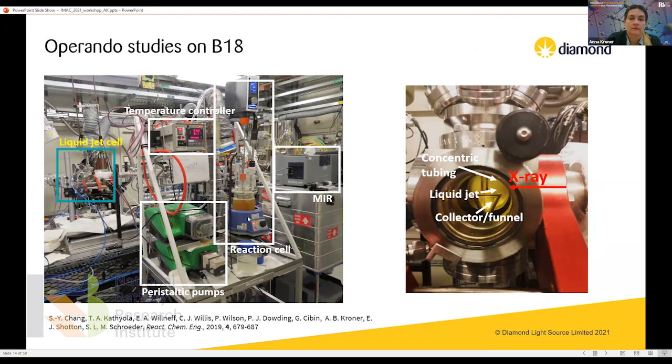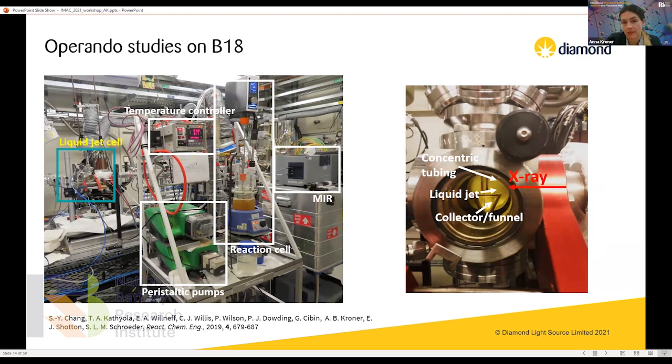It was also very important for us to study what's happening inside the vessel. That's why we had the mid-infrared probe introduced to the cell, which helped to have more information on the overall reaction.